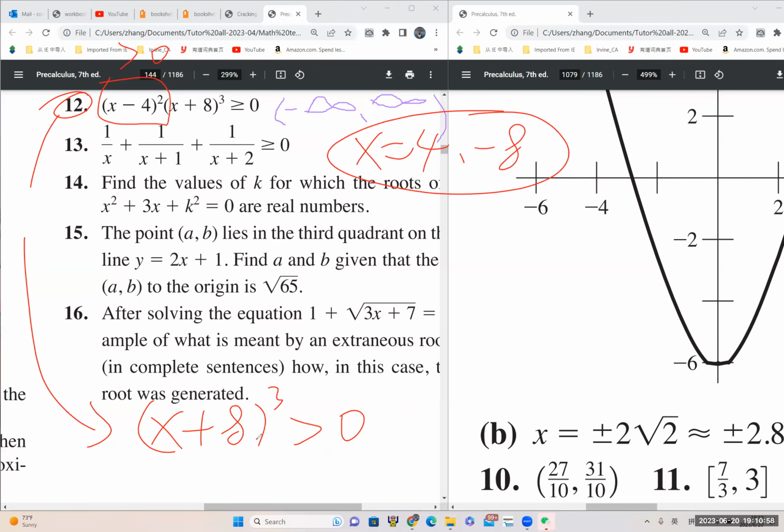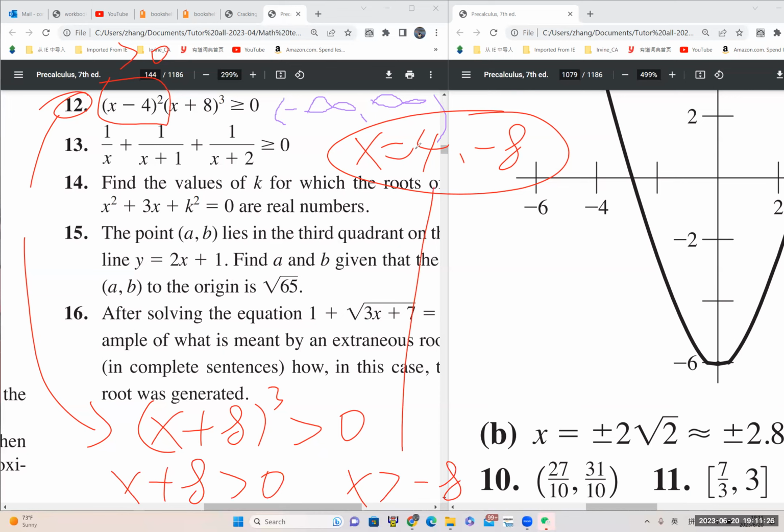No. Then how to let it be positive? Only x plus 8 should be a positive number, because if it's negative, then it's negative, right? Then x should be greater than -8, right?